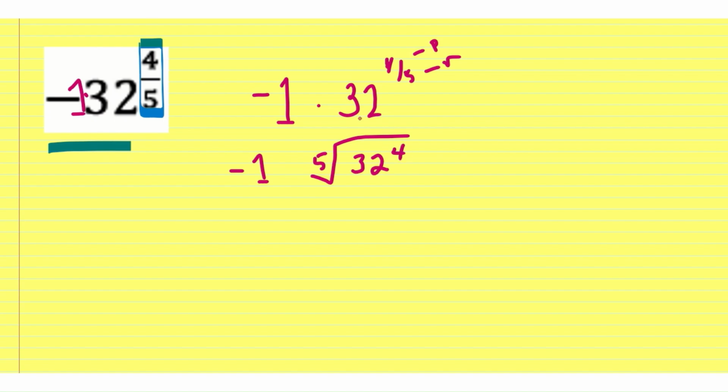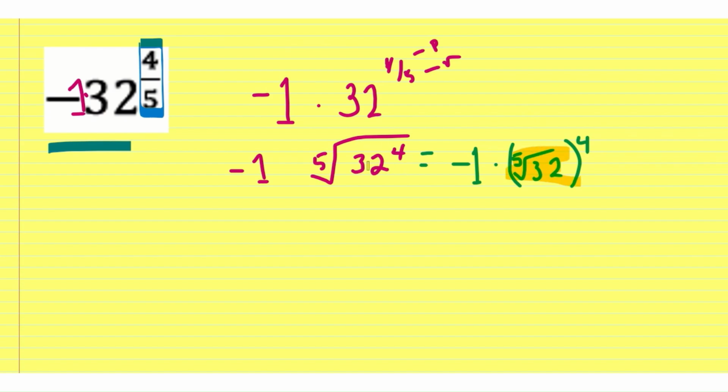Okay, so if I go ahead and do 32 to the 4th power, that's going to be a really big number. So let me tell you something that we are allowed to do. We are allowed to bring that 4 outside of that radical if we want to. So I'm going to rewrite this as -1 times the fifth root of 32, raised to the 4th power, because I can more easily figure out what the fifth root of 32 is.